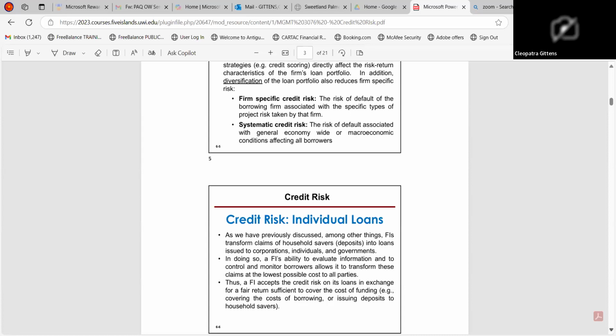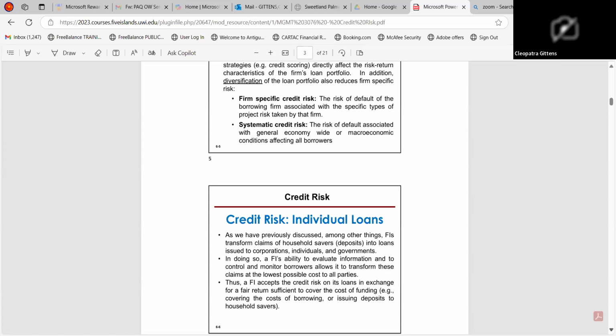And so I am going to charge that institution that has the potential to give me more risk a little bit more money, right? So the financial institution is going to be looking for a higher return on the loan that it issues to an institution or a person which has higher credit risk.